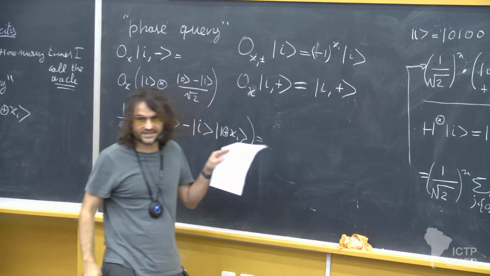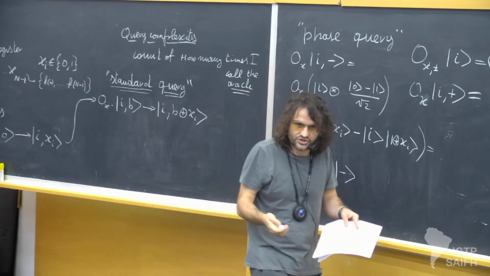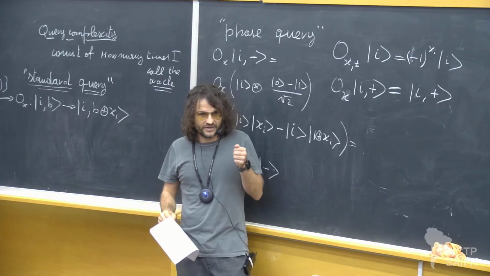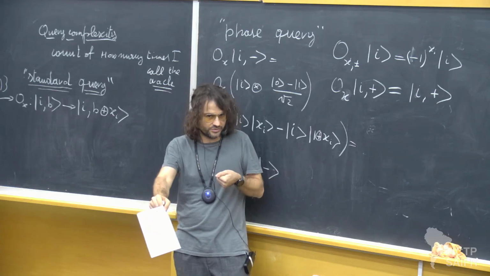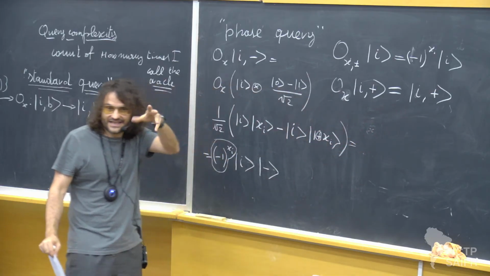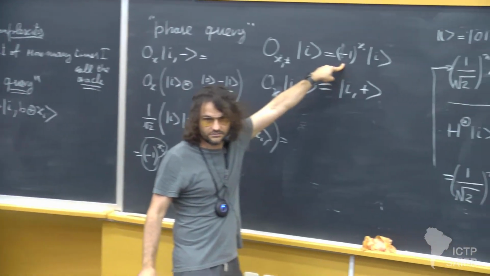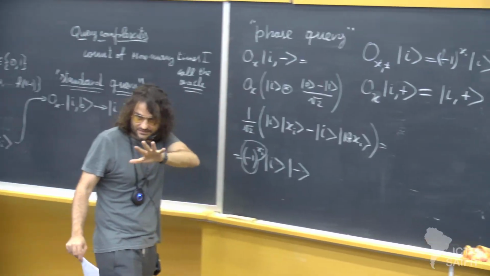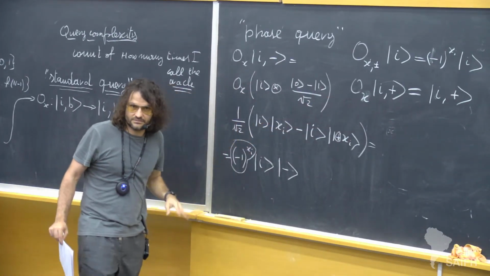So actually, this is a way to not do the query. You have a freedom to decide over which qubit you want to act with a given query and which qubit you don't want to act. If you initialize the ancilla qubit in the state minus, you get a phase. You might get it or not, depending on xi, of course. If xi is 0, you get nothing. Or you can simply avoid the query going in this way.